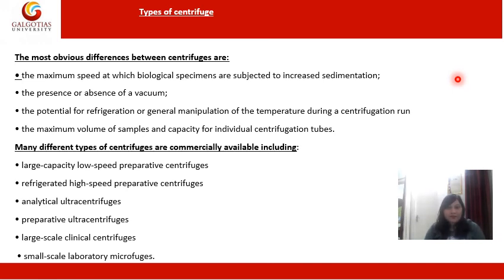Many different types of centrifuges are commercially available that include low capacity, low speed preparative centrifuges, refrigerated high speed preparative centrifuges, analytical ultracentrifuges, preparative ultracentrifuges, large scale clinical centrifuges, small scale laboratory microfuges. Now, these preparative centrifuges and ultracentrifuges you will learn in detail.